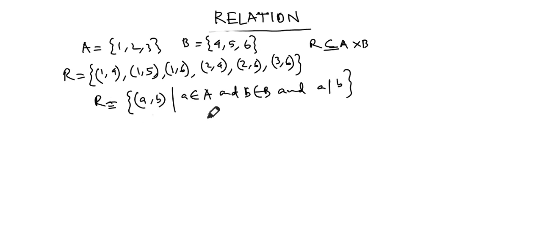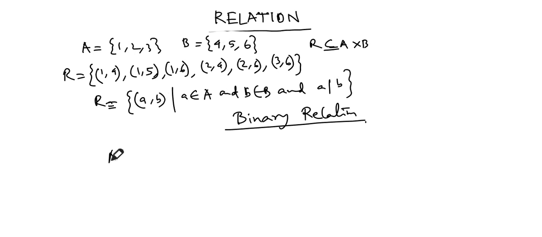Now we go to binary relation. What does this term refer to? Binary relation is nothing new. Actually here we are taking the product of A and B, two different sets.